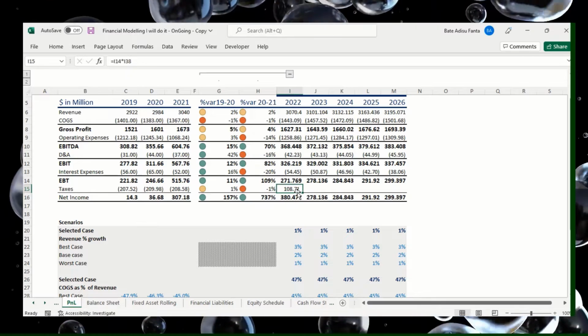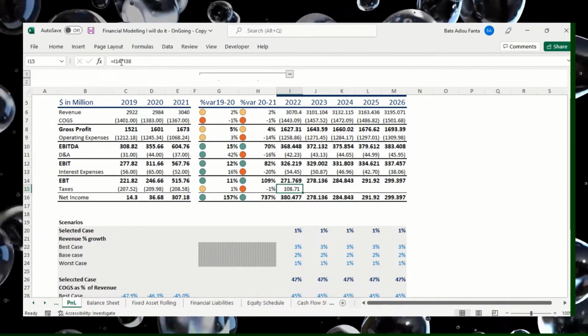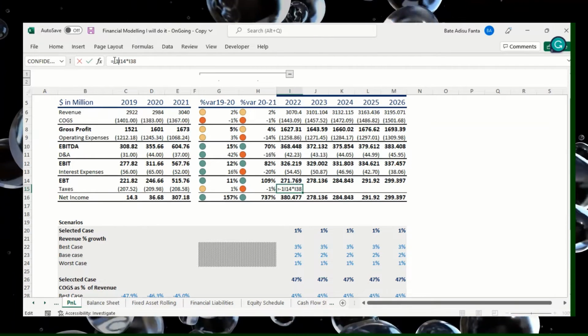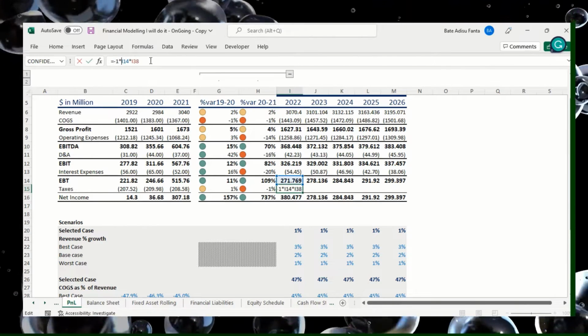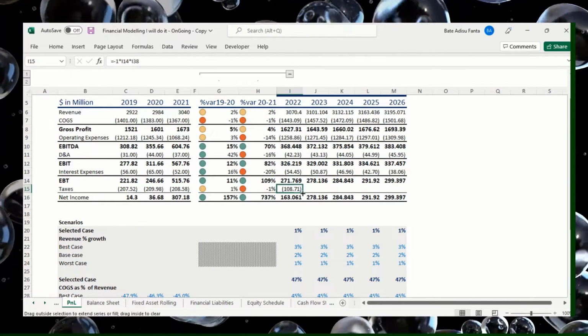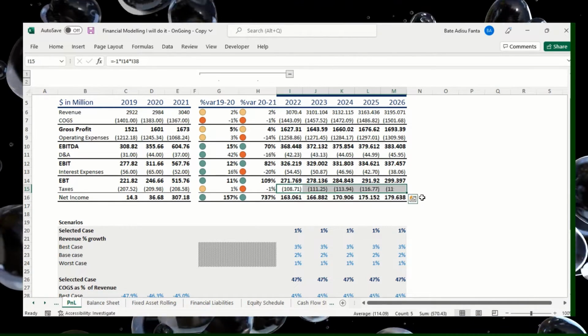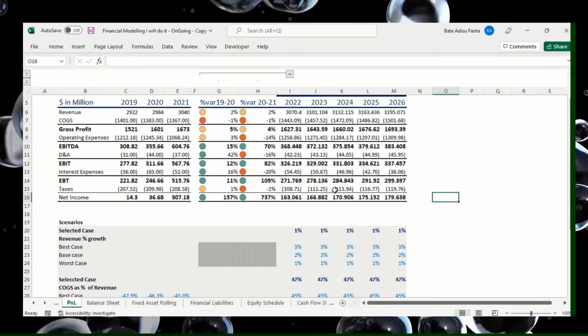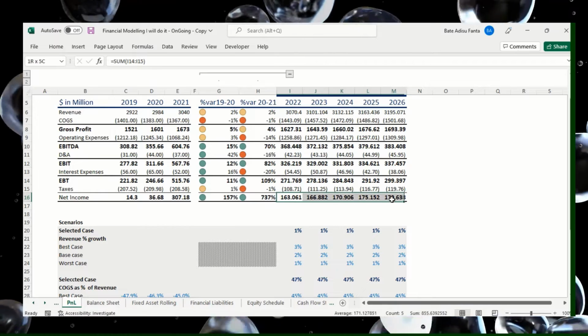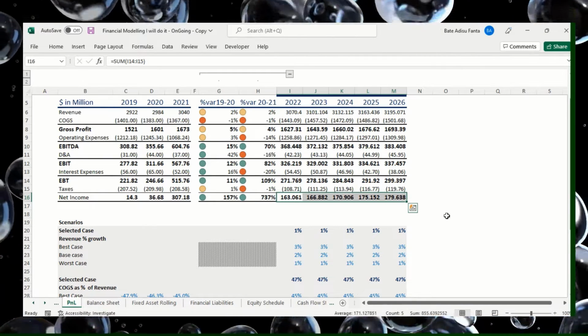It should be minus, since it is a payment that goes out of the company. That's it. So I can copy paste the formula to other years here. After we have done taxes, you see the net income is already adjusted automatically.